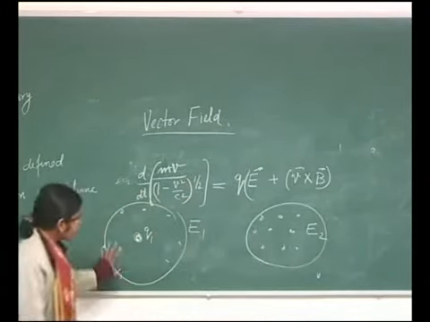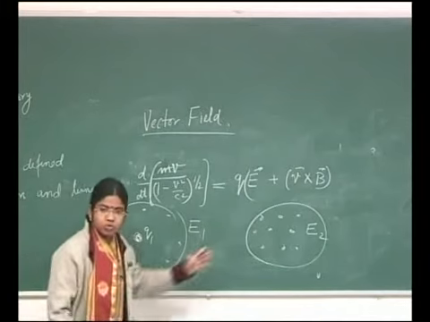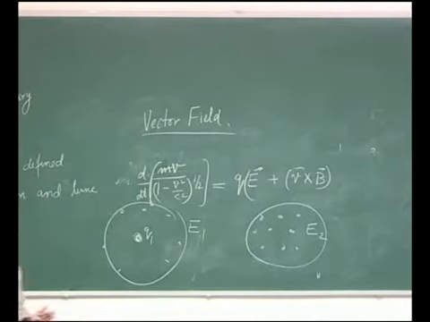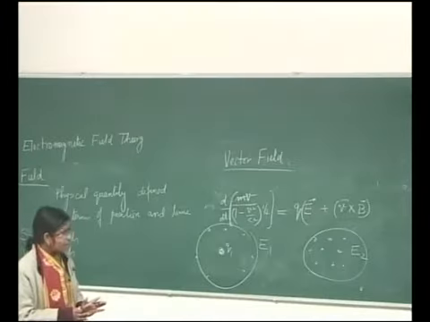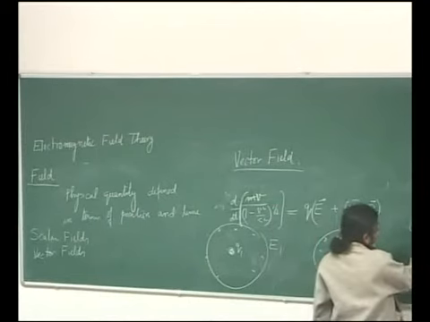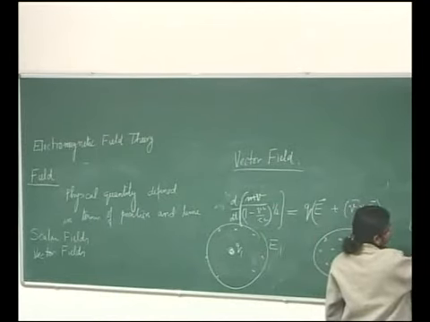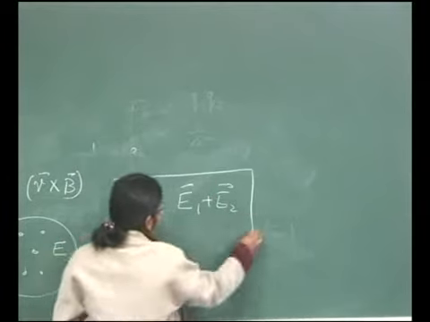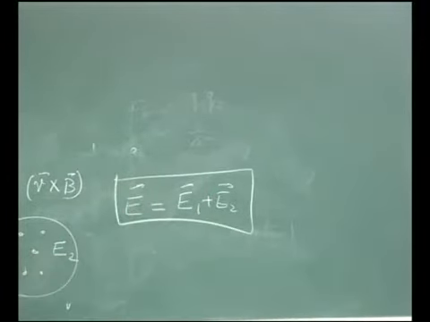Now I bring both these groups together in the same space, and I will see that the total electric field is equal to E1 plus E2. This is called the principle of superposition of fields.